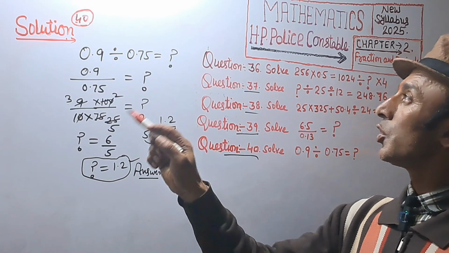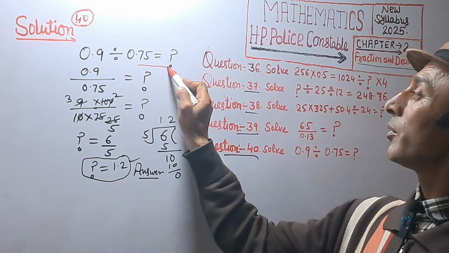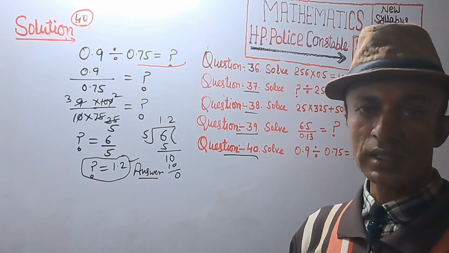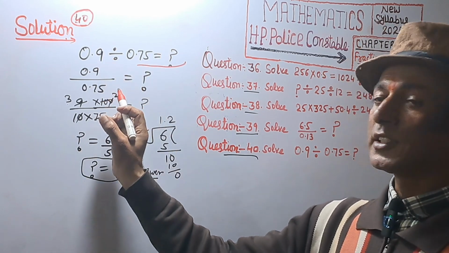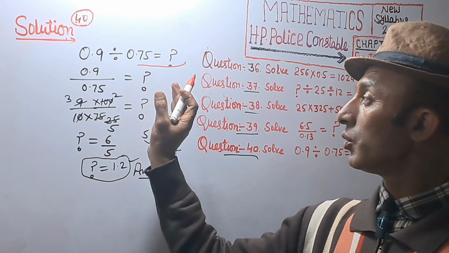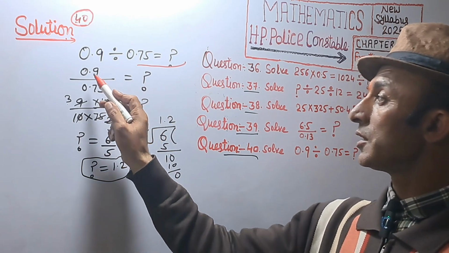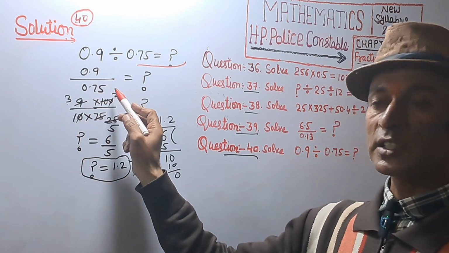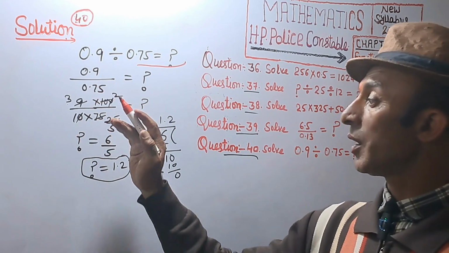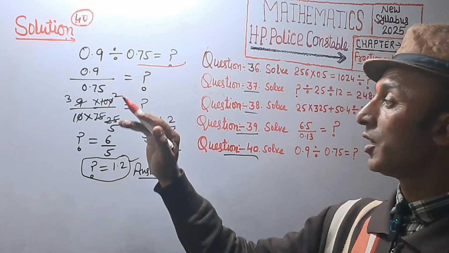Given question is 0.9 divided by 0.75 equals ? 0.9 upon 0.75 equals ? And the next step is 0.9 we can write 9 upon 10. 0.75 we can write 75 upon 100, and 100 multiplied by numerator.